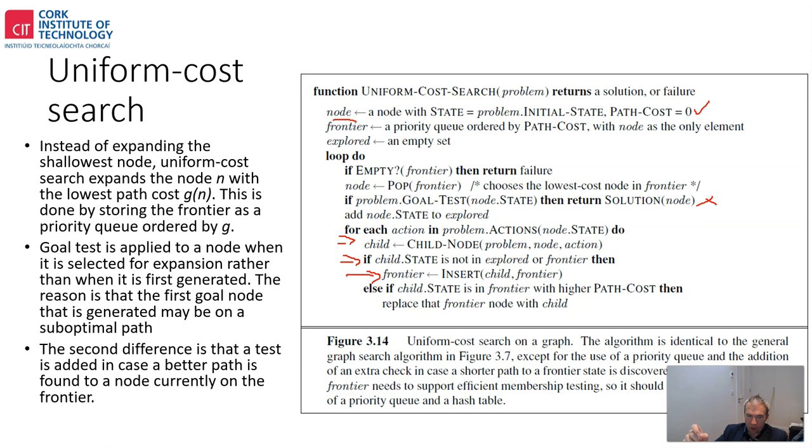Else if child.state is in frontier with higher path cost, then replace that frontier node with child. So if we already have the resultant state, which is the city we would end up at, should we follow this child node, and if it's already in the frontier, then we replace it, okay? Because we've already explored it essentially.